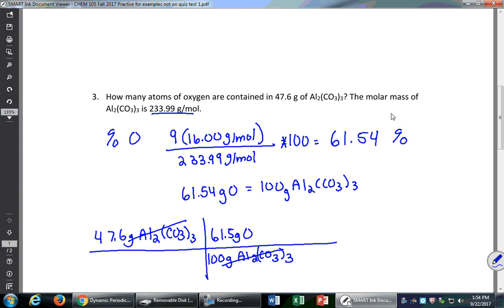So this is going to give me my grams of oxygen. But what we want is my atoms of oxygen. So we know how many grams of oxygen equals how many moles of oxygen, because we have our periodic table.